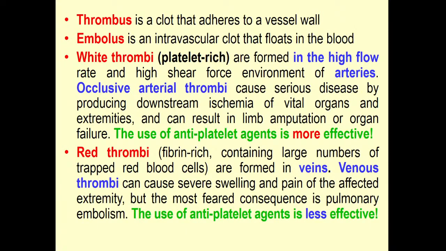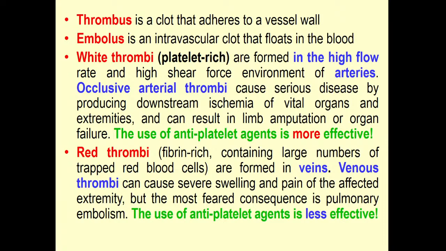First of all, a thrombus is a clot that adheres to a vessel wall. Difference between thrombus and embolus: an embolus is an intravascular clot that floats in the blood.